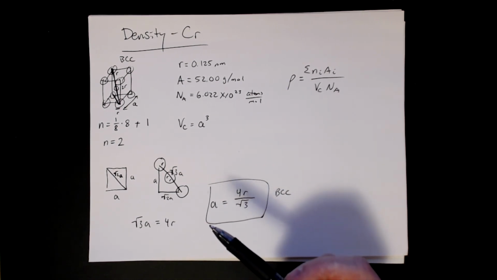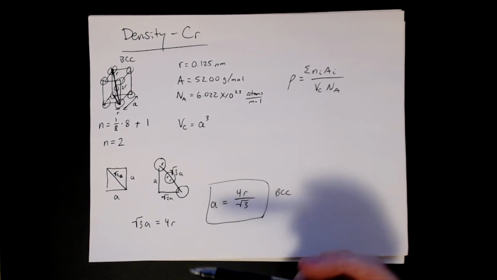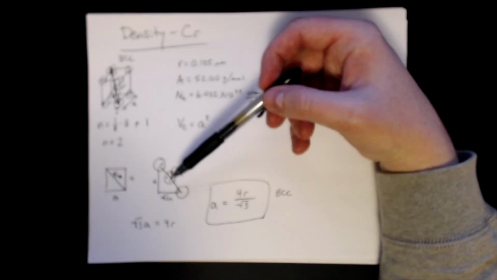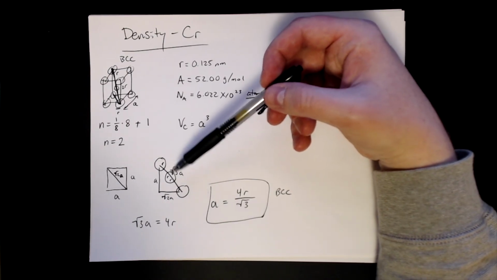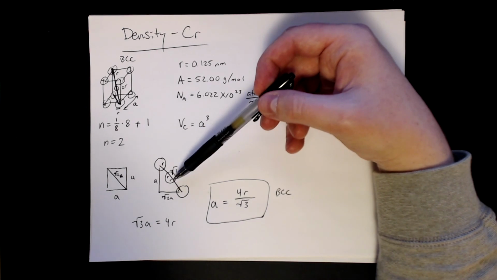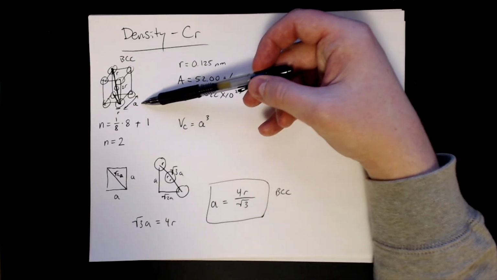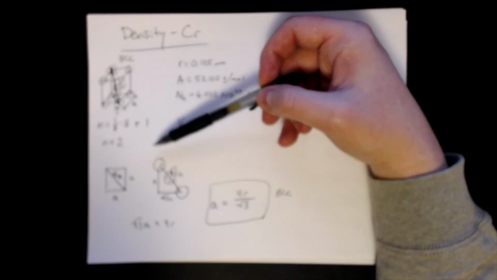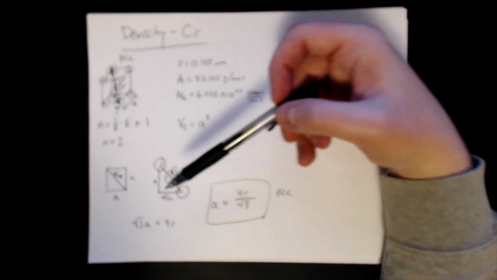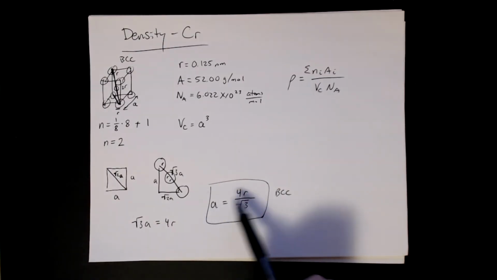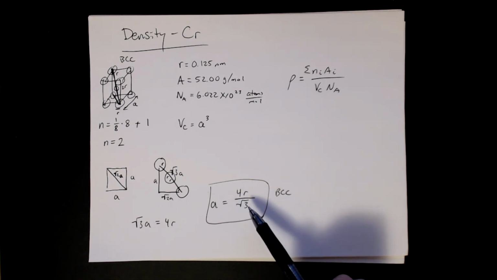The main idea is that we find a geometric line where things are touching because there's no empty space, so that we can relate the lattice parameter, an edge length or something like that, to the radius. And that's what we've done here.